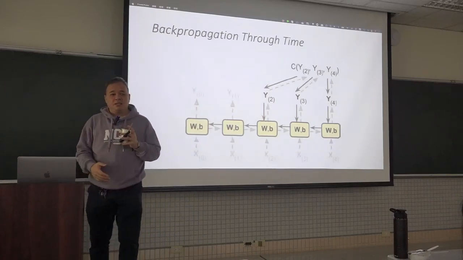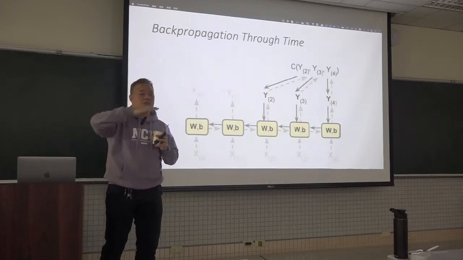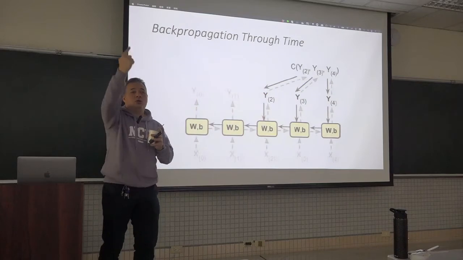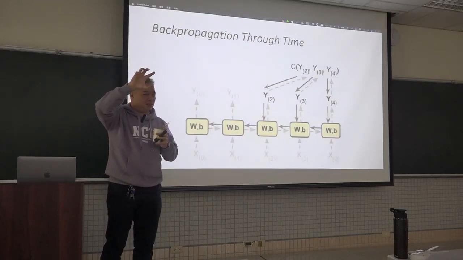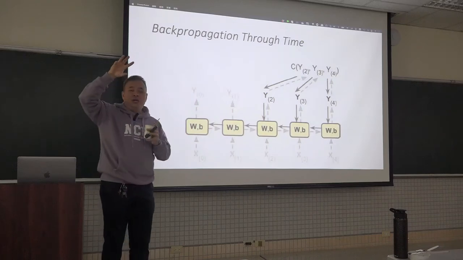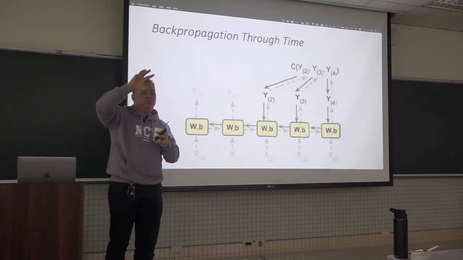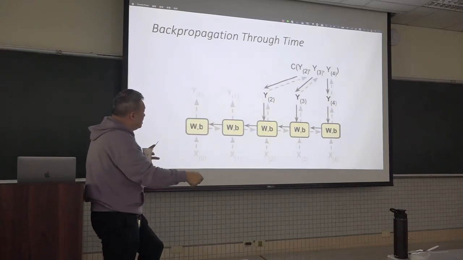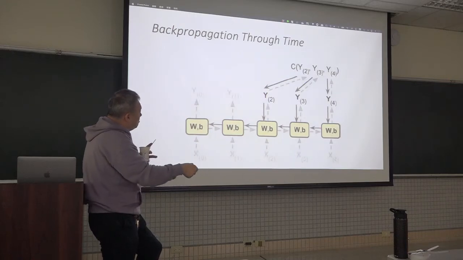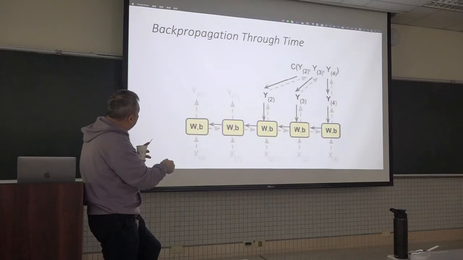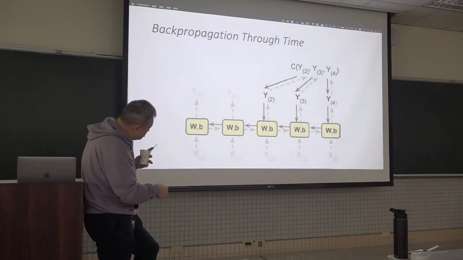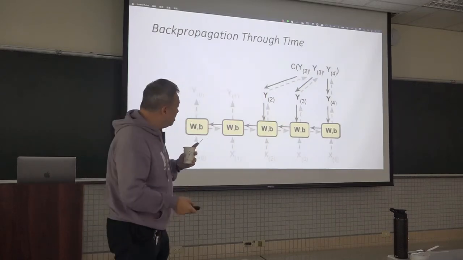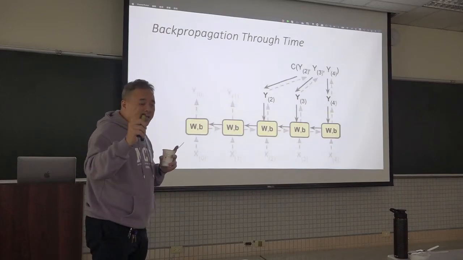In a regular feed-forward neural network, the forward pass goes like this and the backward pass goes like that, so the weight and bias of a neuron are affected only one time. But here, the same set of WB is obviously affected multiple times during backpropagation through time. So this is very different.